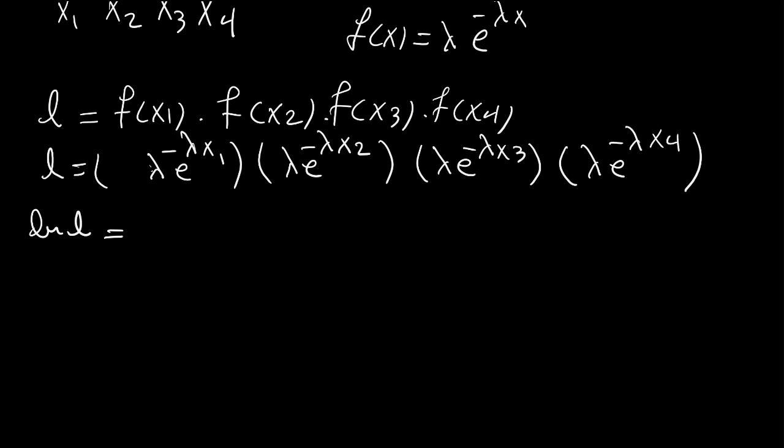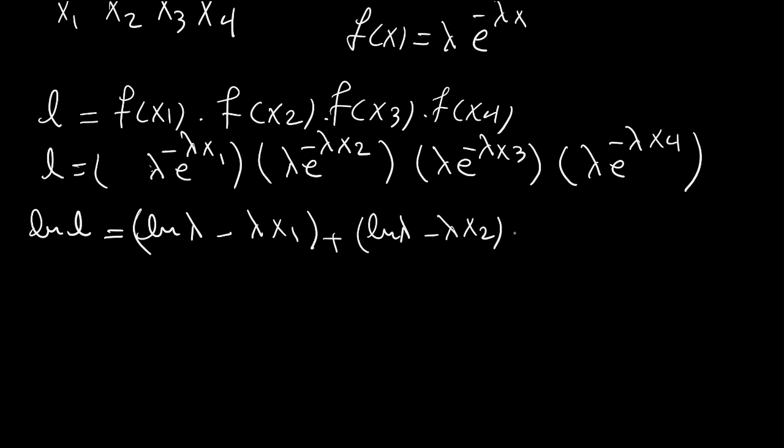So I have the natural log of lambda minus lambda x1 from the first one, plus, from the second one, again the natural log of lambda minus lambda x2, and the third and fourth terms are again the natural log of lambda minus lambda x3 and the natural log of lambda minus lambda x4.